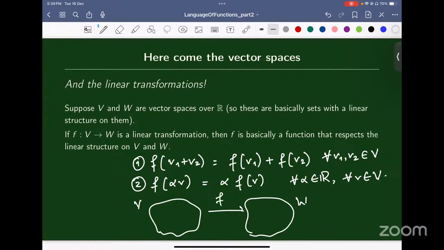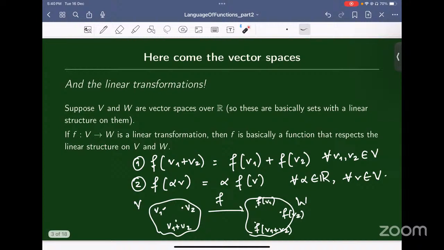V is a vector space, so there's an addition operation on V. For any two vectors v1 and v2, we have a vector that comes about by the addition of v1 and v2. Now suppose I apply f to each of these vectors. I get images f of v1, f of v2, and f of v1 plus v2.